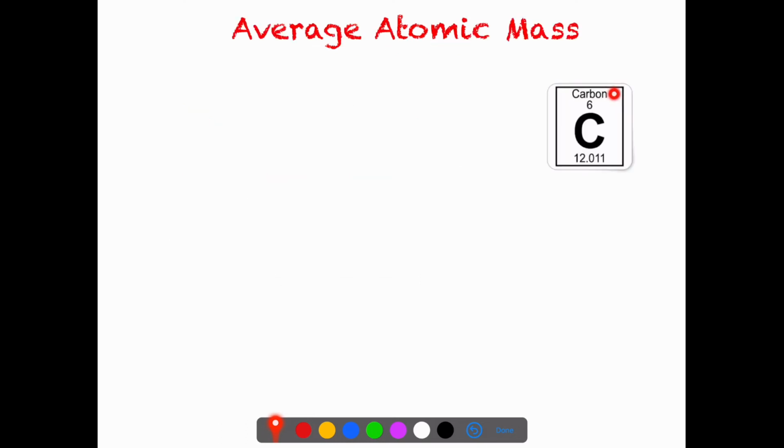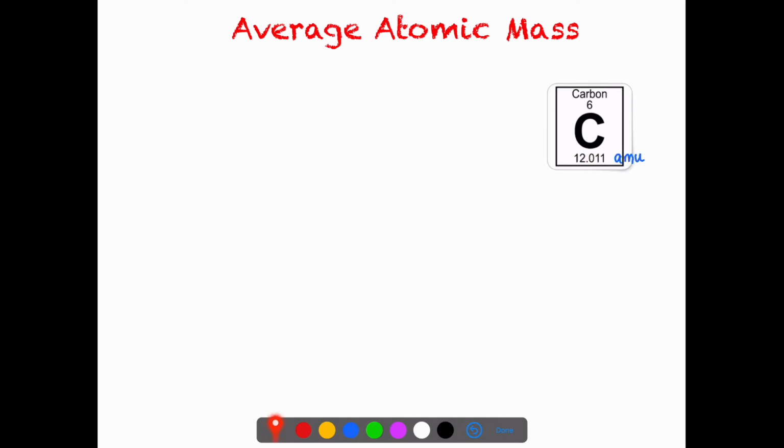If you look at the periodic table and pay attention to the number on the bottom, this is the mass of one carbon atom. And since we said carbon doesn't come in just one form, we have different isotopes, or different versions of carbon. Whose weight is this number, 12.011? By the way, the unit is AMU, atomic mass unit, which is a small unit.